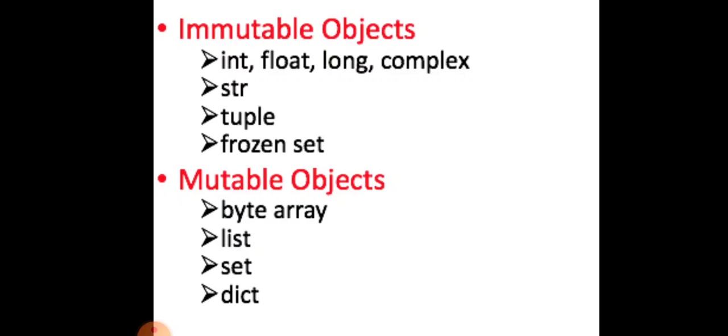Suppose we want to update a tuple, we cannot update an existing tuple, we have to create a new tuple for the updates. Examples of immutable objects are int, float, complex, bool, string, tuple, etc.